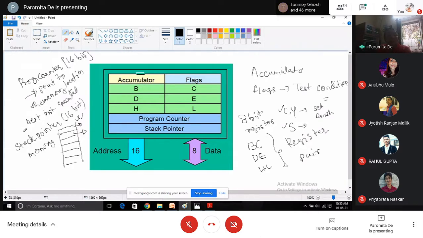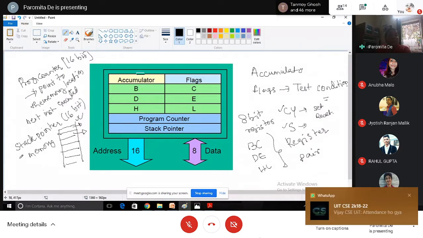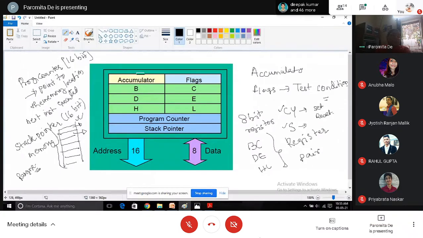So whenever I'm writing a program, first I will select the range of memory from where I will store either my instruction or the result of the execution of the program. So the stack pointer will say, okay, my memory range starts from FF, and then I come downwards, FE, and so on.